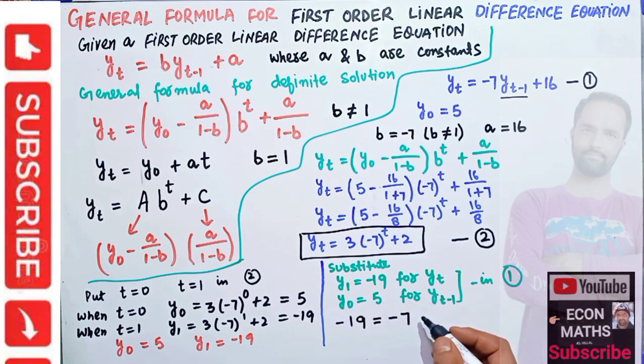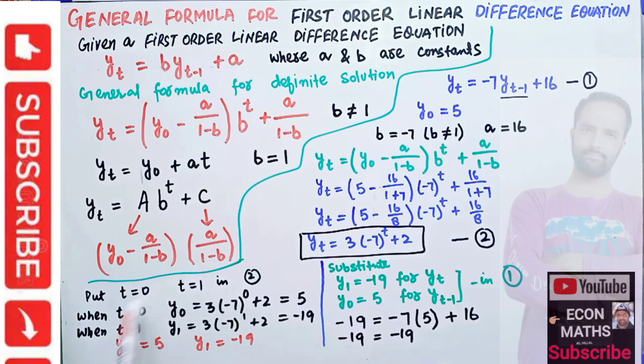So I can write it in this fashion: y t is equal to minus 7 y t minus 1 plus 16, and here you can see we have minus 19 is equal to 7 5s are 35, minus 35 plus 16 comes out to be minus 19. That means the initial condition is being satisfied.